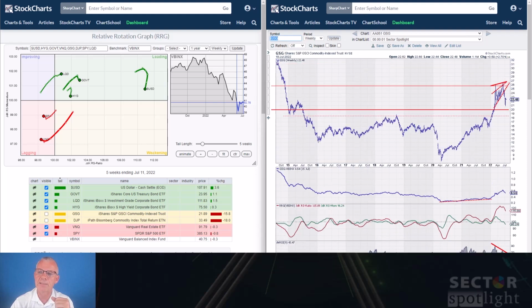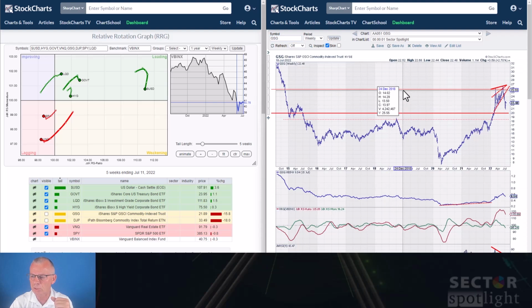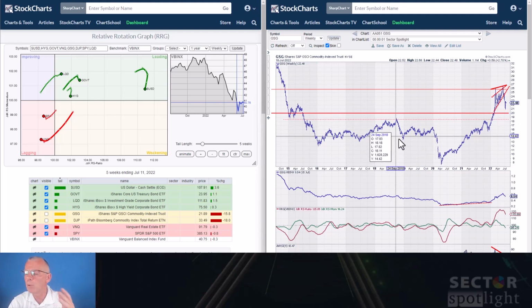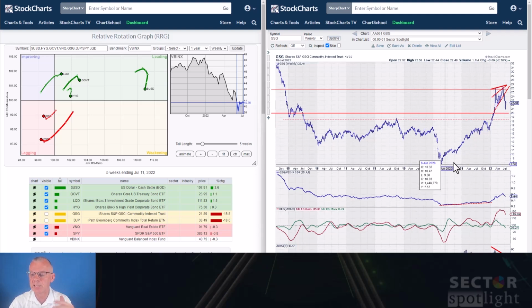And if you look at GSG, quite similar image, touched on resistance, reversed, and we could go to levels around 20. The worst case scenario, maybe even 18.5, without negating this long-term turnaround in both price and relative strength as we have seen it.